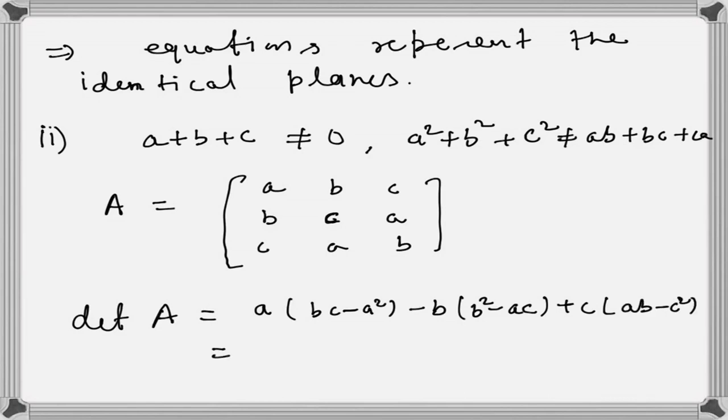So this is nothing but 3ABC minus A cube minus B cube minus C cube.